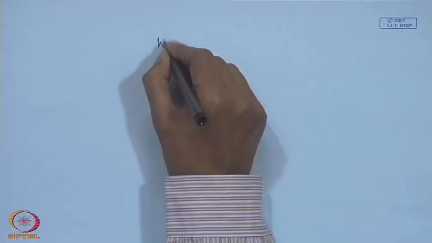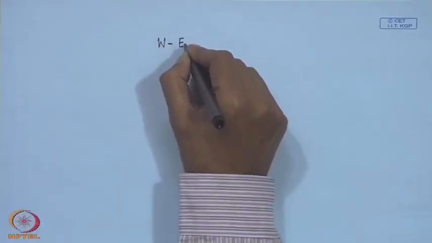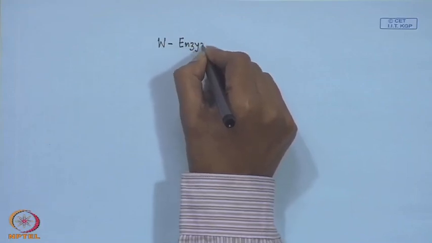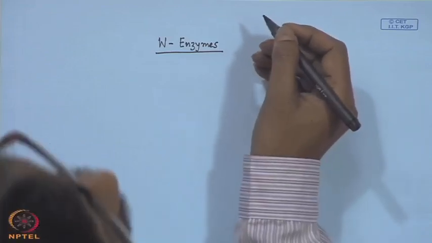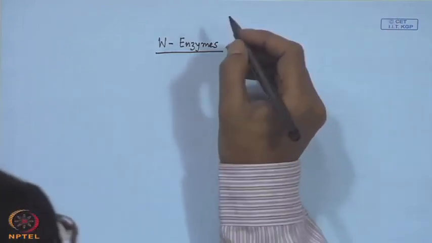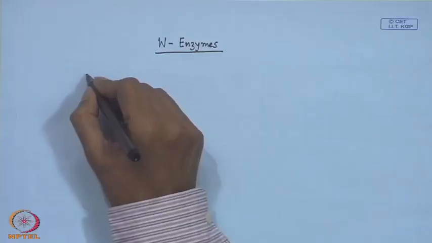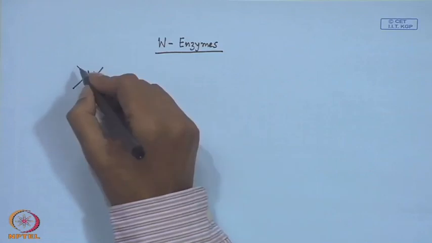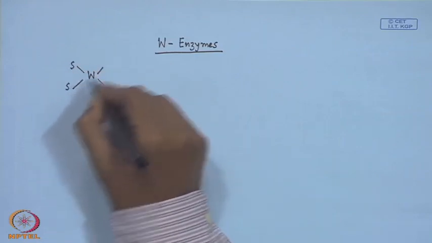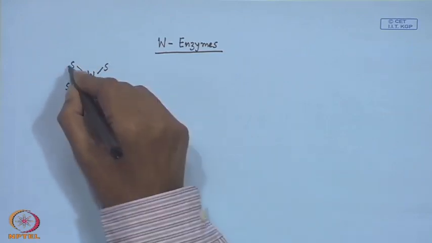So, today we will still continue with the tungsten enzymes, and today we will see some more examples where tungsten can function as a very useful catalytic site, where the site is attached to the ligand donor atoms.